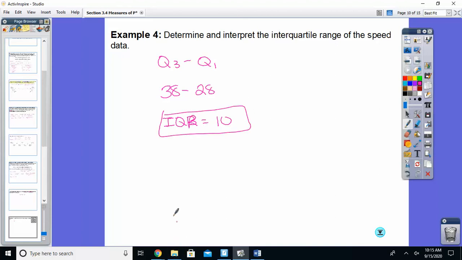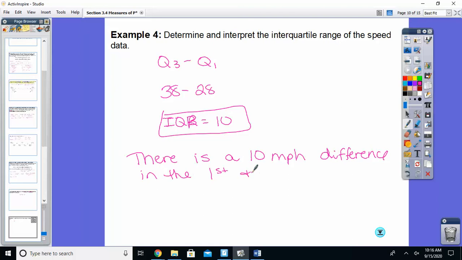I asked you to interpret. What does this mean? It's saying there is a 10 mile per hour difference in the first and third quartiles.